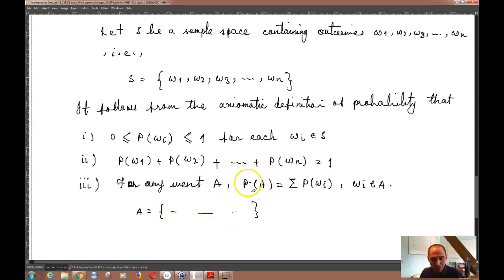Then P of A is the sum of the probabilities of each of the omega i's that you find in A, which is what we said before.